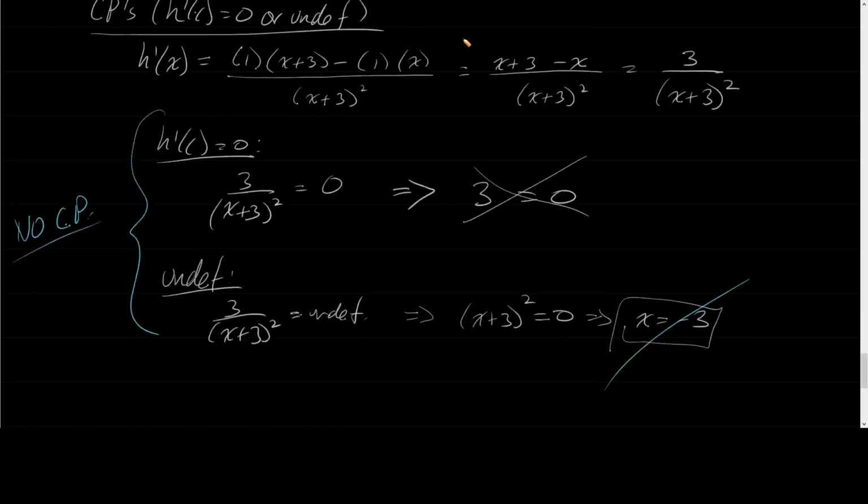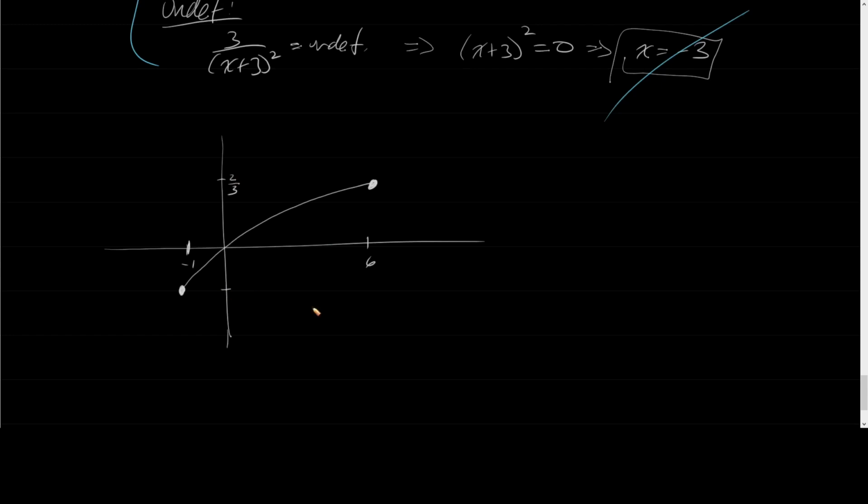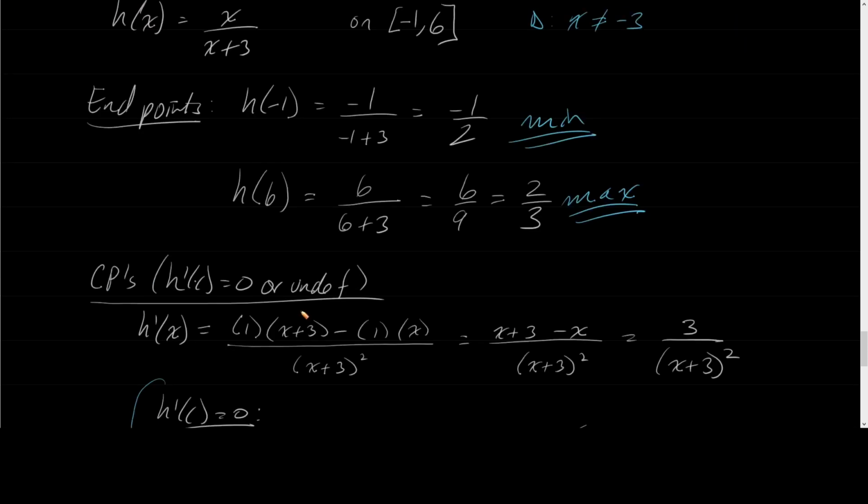So let's look at a visual here, so you see what this specific function looks like. In the interval that we were discussing, from negative 1 to 6, this function looks something like this. It is a curve, where this biggest value here happens at 2/3, and this smallest value here happens at negative 1/2.